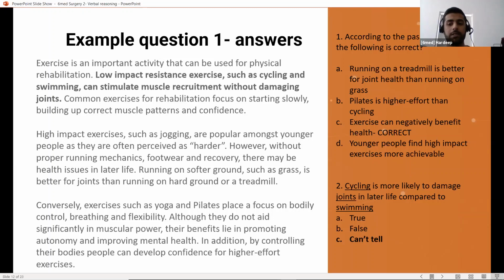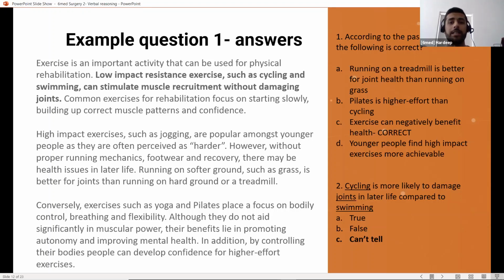So I've put cycling, joints, and swimming. And you can see there it says low impact exercise such as cycling and swimming, and so on, without damaging joints. So this says that both of them can be used without damaging joints. It doesn't say which is more likely, and therefore we can't tell whether this is true or false.